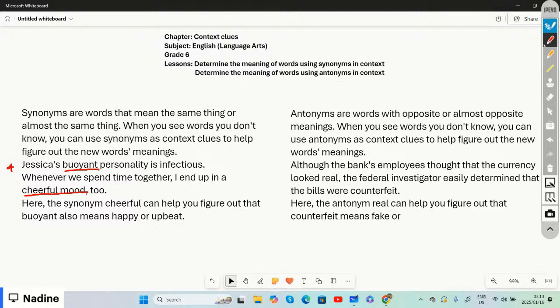So if we look at that word, especially buoyant and cheerful, right? It means then that the synonym of cheerful can help you to figure out that buoyant also means happy or it means upbeat.